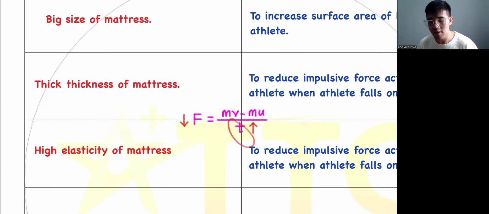So if the elasticity increases, that means the bounciness increases, and if the mattress bounces, then the time of collision will become longer. And when the time of collision becomes longer, the impulsive force becomes lower.